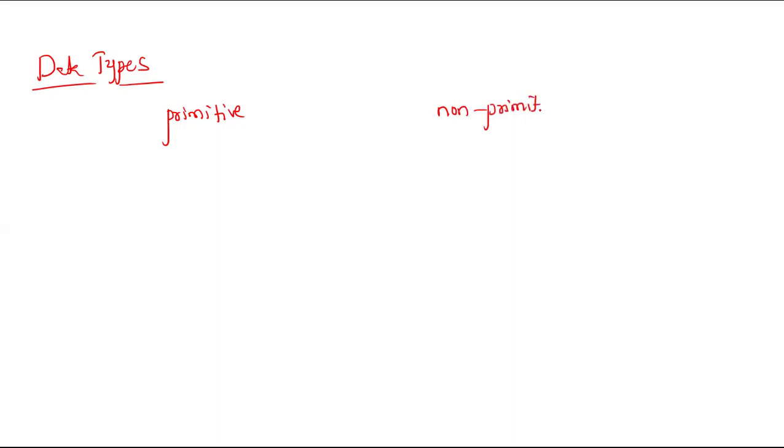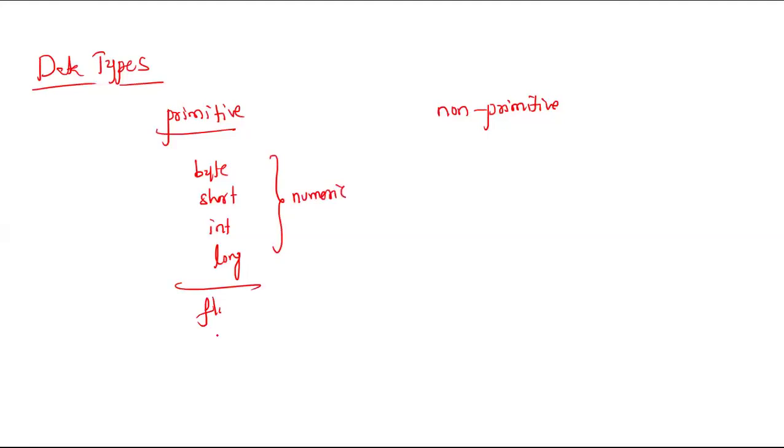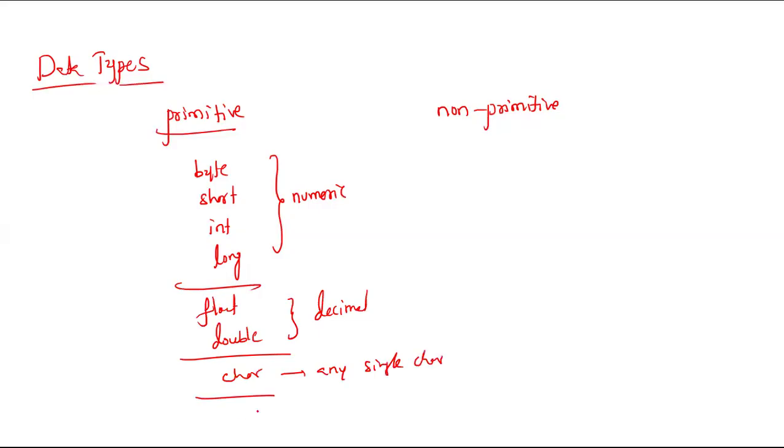There are 8 primitives: byte, short, int, long to store any numeric data, then float and double to store any decimal data, char to store any single character, and boolean to store true or false. This is just the types and their purpose.